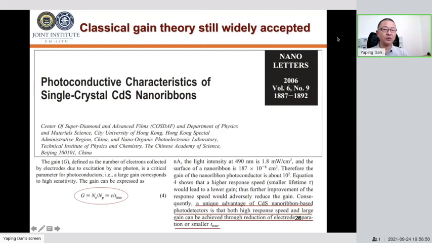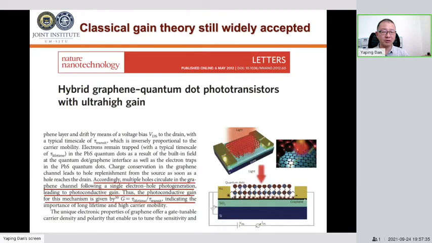But even though the Japanese scientists challenged this theory, scientists have been trying to explain it away in different forms, and so this theory is still widely used even today. For example, there are many papers. I chose one that is very typical, from 2006, where they use this theory to explain their experimental results.